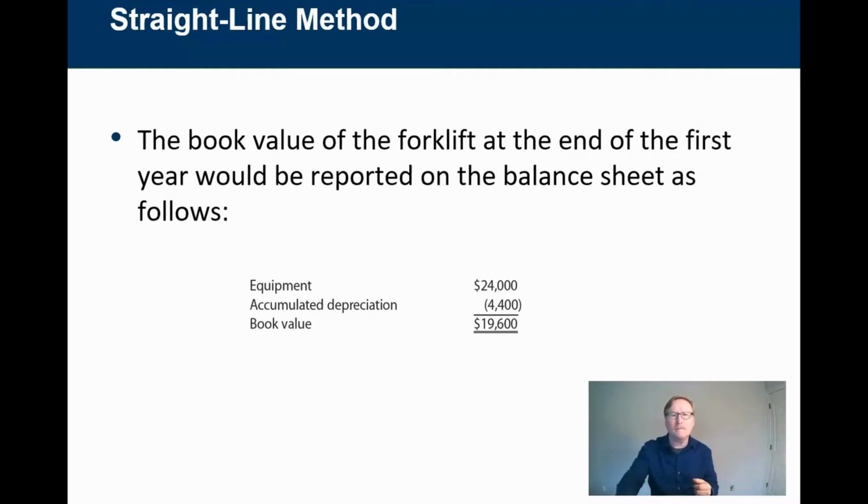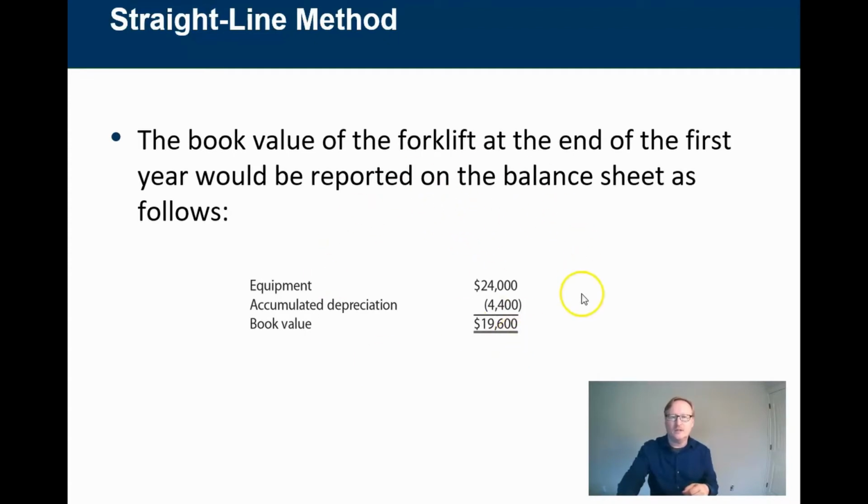So for example, here's our book value of the forklift after the first year. We paid the whole cost, which is $24,000, and the first year we've depreciated $4,400, and so here's our book value.